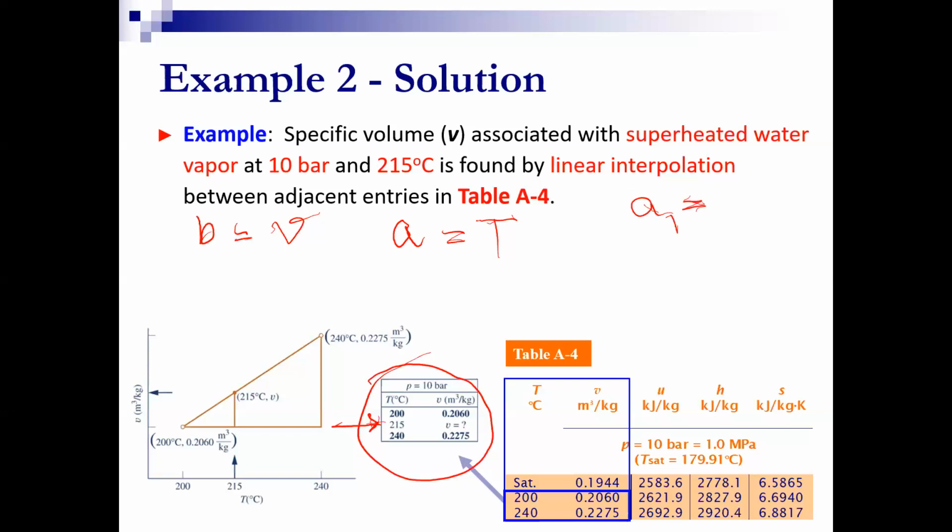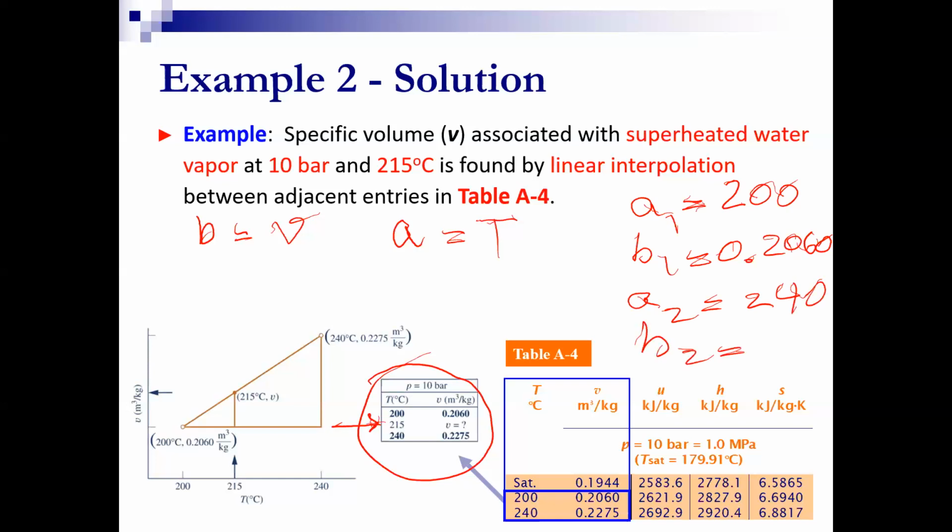A1 in our case is 200 degrees Celsius, and corresponding to that, B1 is 0.2060. A2 is 240, and B2 is 0.2275.